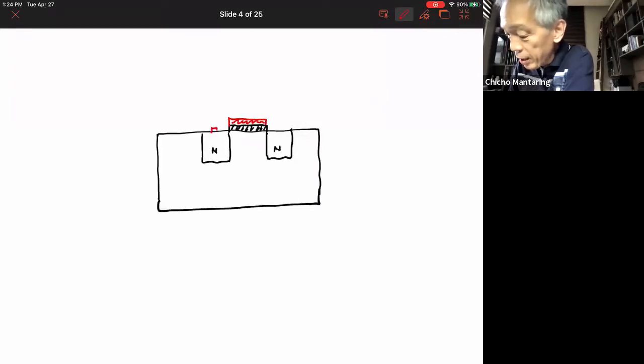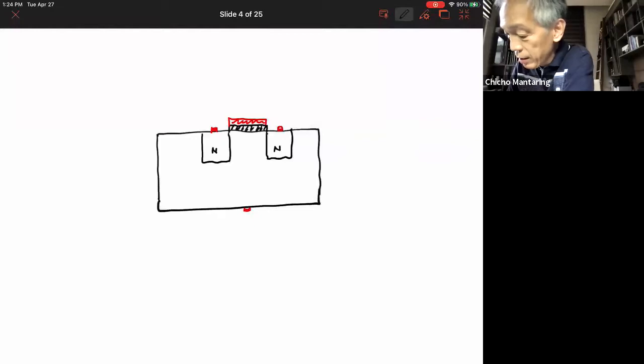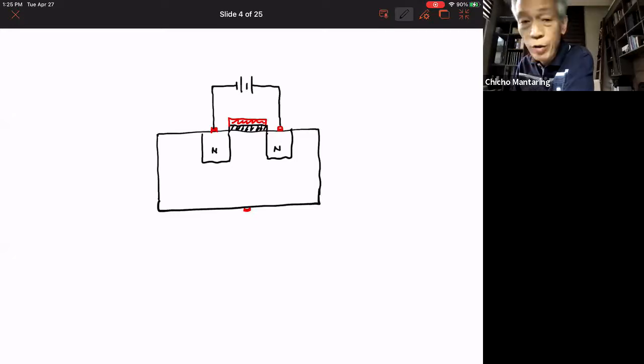Actually the contacts are also metal. As I said earlier, if I have a voltage this way, current will not flow. This is VDS. So this is my source, this is my drain, and then this is my gate.